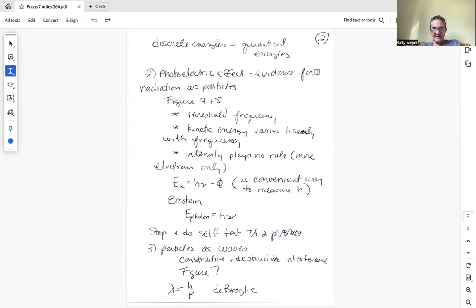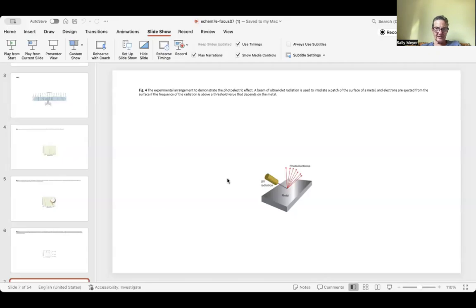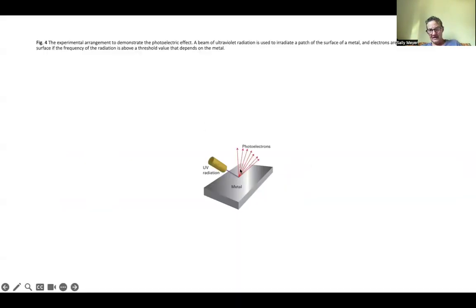So let's take a quick look back at the figures from your text. Okay, so this is a picture of what happens with the photoelectric effect. And so what's happening is you're shining radiation onto a metal surface.